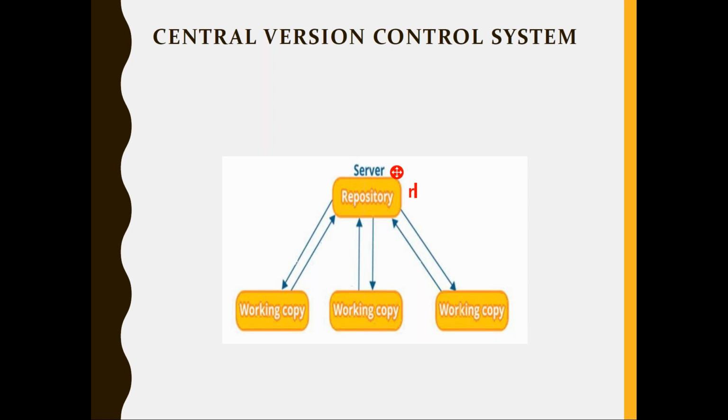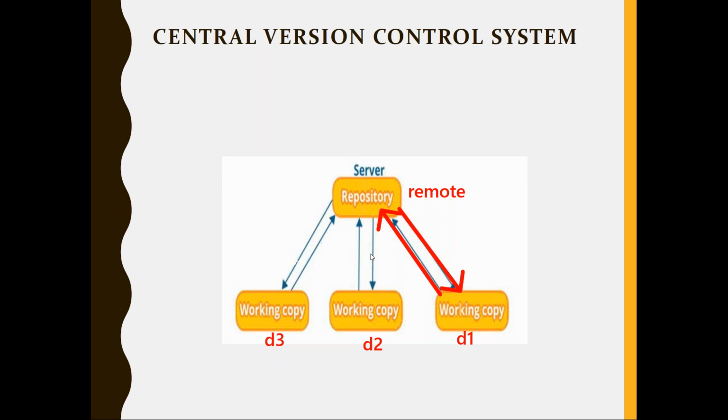This is the remote project location, and the working copies are the workstations of individual DevOps persons: DevOps person 1, 2, and 3. Everyone will be connected to this remote location. If they have to make any changes, they get the changes to the local, make the changes, and put the changes back. This is how centralized version control systems work. They connect to the remote and work on it.